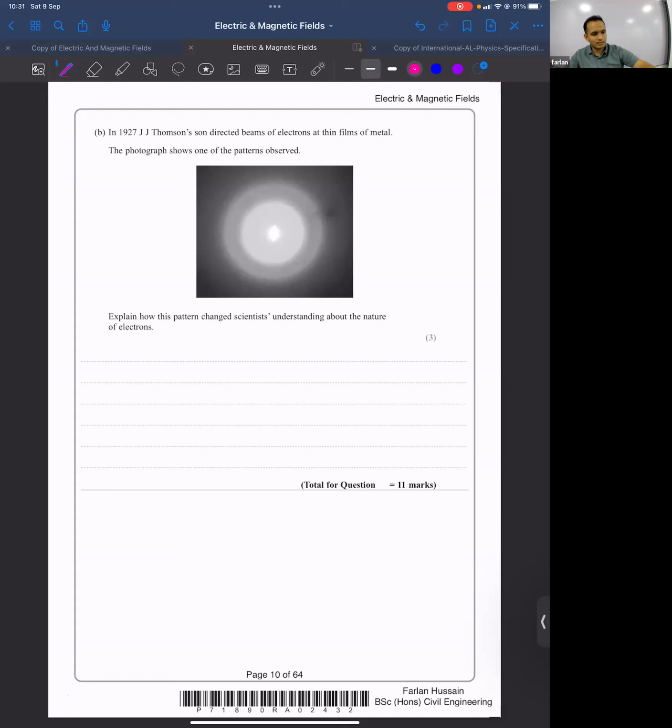This is diffraction of electrons. Diffraction is a wave property.